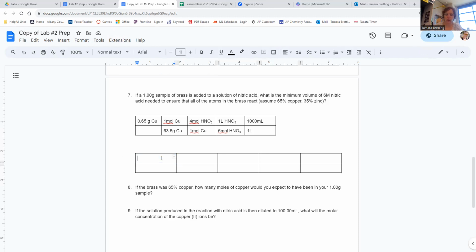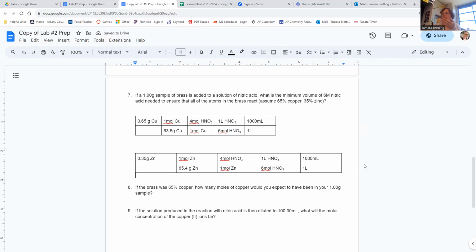The zinc was only 35%, so 0.35 grams of zinc. 1 mole of zinc weighs 65.4 grams. Again, 1 mole of zinc will need 4 moles of HNO3. And then we can finish the problem with these same pieces here.